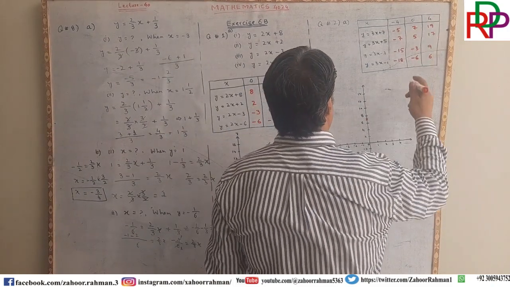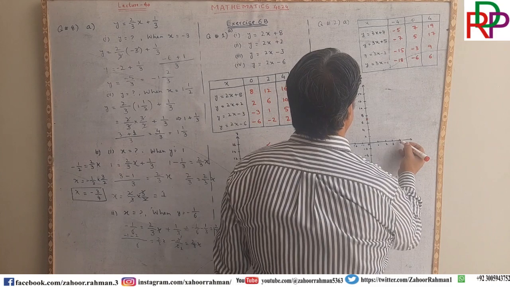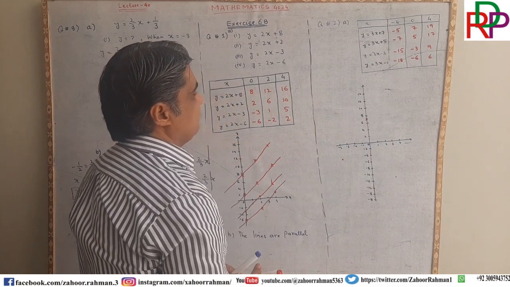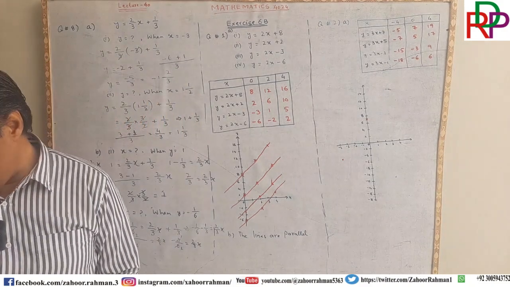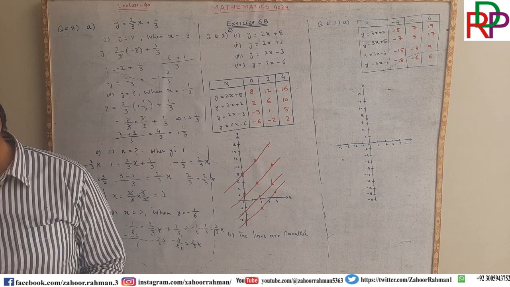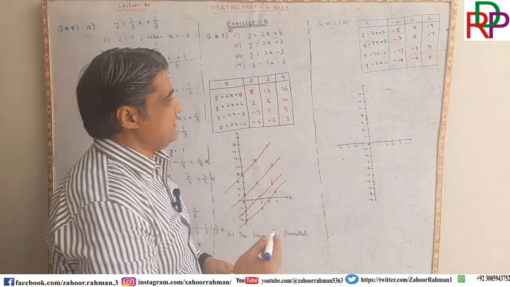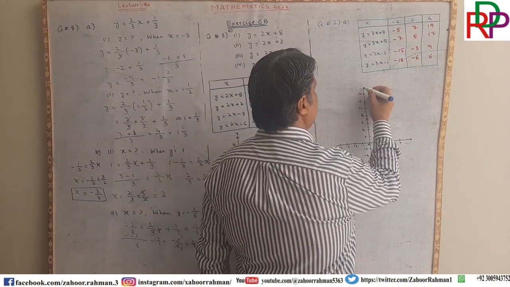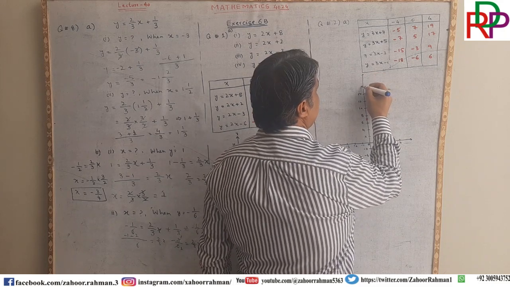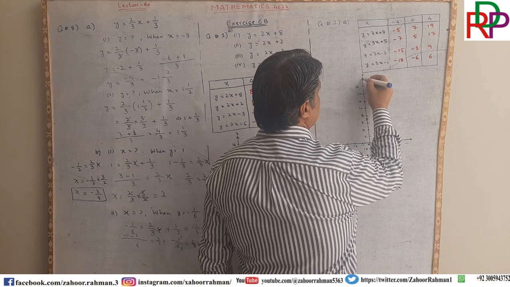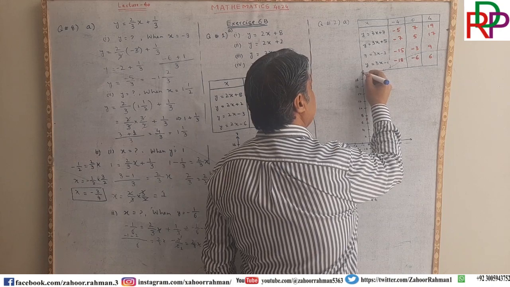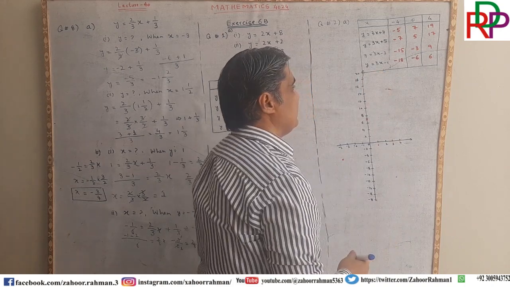Now when x is equal to 4, y is equal to 19, and we have to increase the graph by seeing the data. So 16, 18, and then we will have 20 is here.